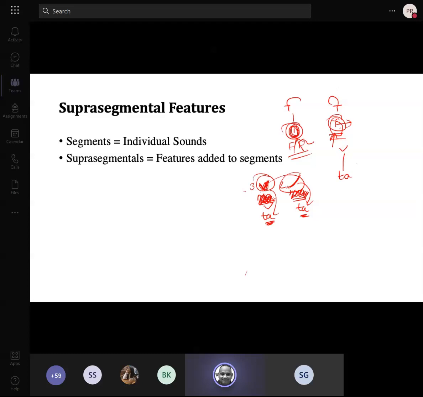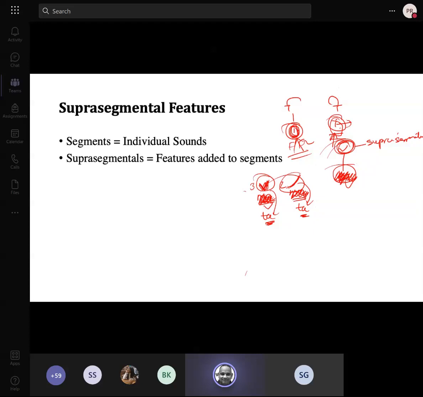So while they are associated with the segments, they are operating on their own, right? And that's why they're kind of independent, and that's why they're at the supra or the top level, above the level of the segments, and that's why they're called suprasegmental features. In many cases, I might completely delete the consonants and vowels, and this suprasegmental feature might still remain.